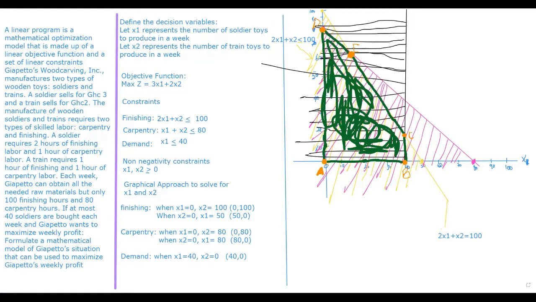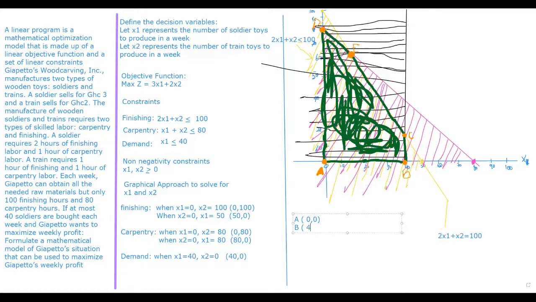Now picking the coordinate with A is 0, 0. With B, who can tell me the point for B? The x1 is 40, x2 is 0.